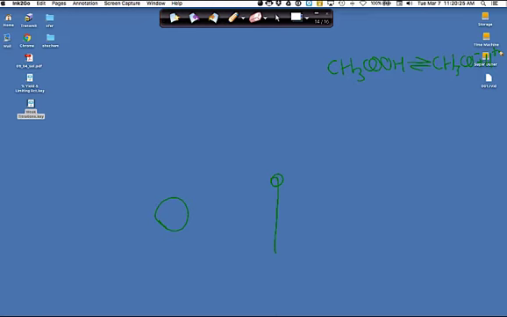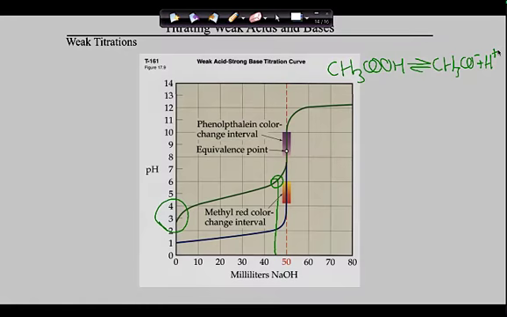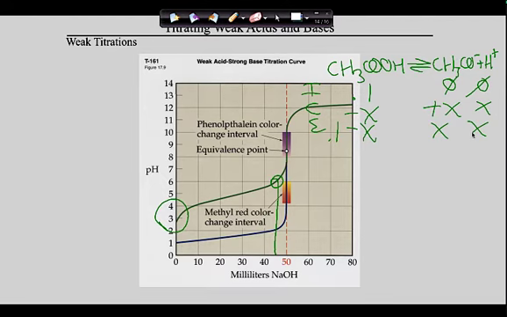If they were asking you the pH initially, you'd go ice: 0.1 molar, 0, 0, minus x, plus x, plus x, 0.1 minus x, x, and x, and you'd throw that in a Ka expression and you'd solve.